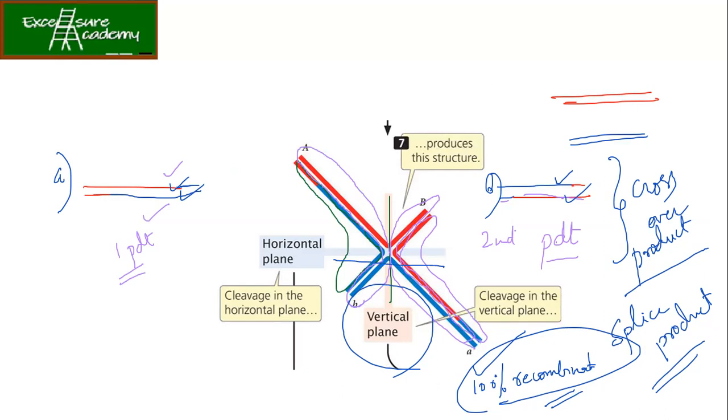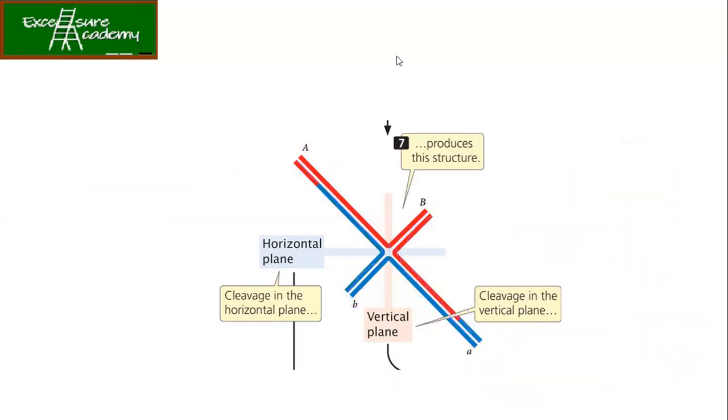Let's see the horizontal plane also. You can see in the figure here itself. So if I make a cut like this, I'm going to have a complete blue strand over here, and another one with this much blue and this much red.